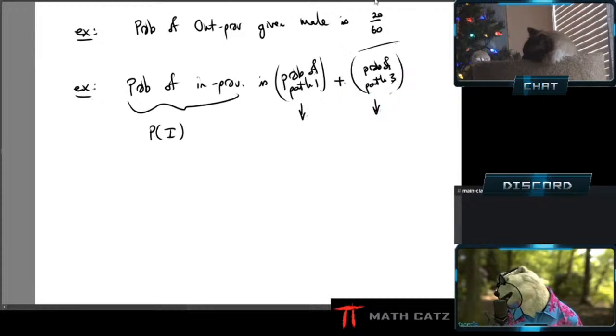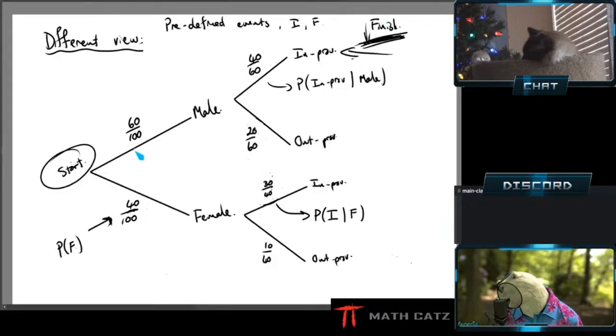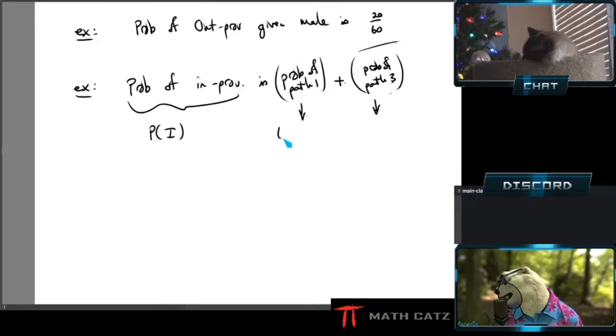So now I look at those paths separately. How do I get path 1? I remember, to get a full path start to finish, I multiply along the path. So 60 over 100 times 40 over 60. Plus, probability of path 3 is another way I can do it.